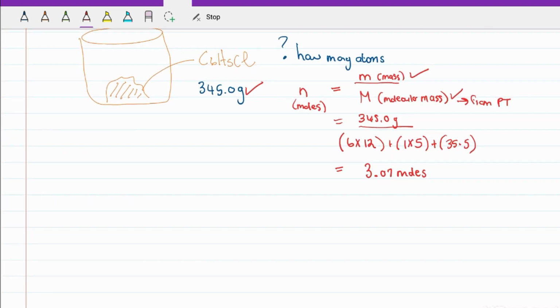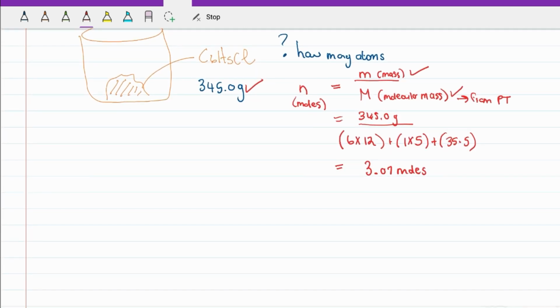And now that you have your moles, you want to go further. Remember, before you can go to atoms, you first have to work out how many molecules you have. So first you calculate the moles, and from the moles you calculate the number of molecules, and from the number of molecules you can calculate the number of atoms. Because this is a molecule, we've got covalent bonding in that compound.